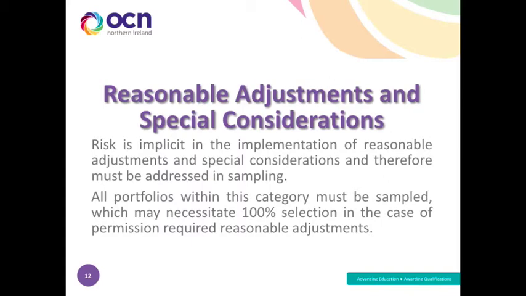As well as borderline cases, we need to ensure that any reasonable adjustments or special considerations are included within your sample strategy. This is explicitly stated. Now, in the delivery or implementation of reasonable adjustments, there is going to be risk. Risk is going to be a factor which we can't avoid in their application.